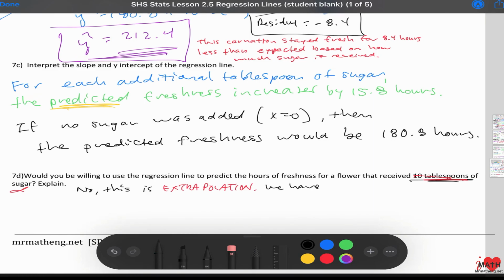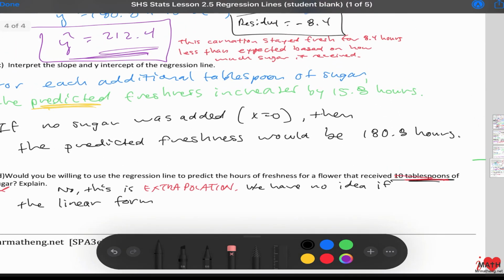We have no idea if the linear trend continues. What was our limit? Well, we only start with 3 tablespoons, so x equals 3 tablespoons.